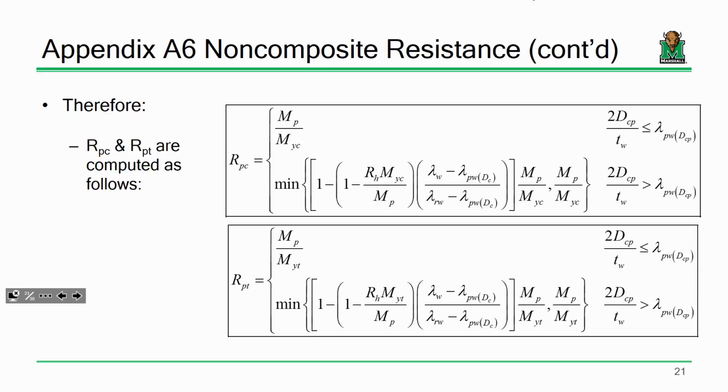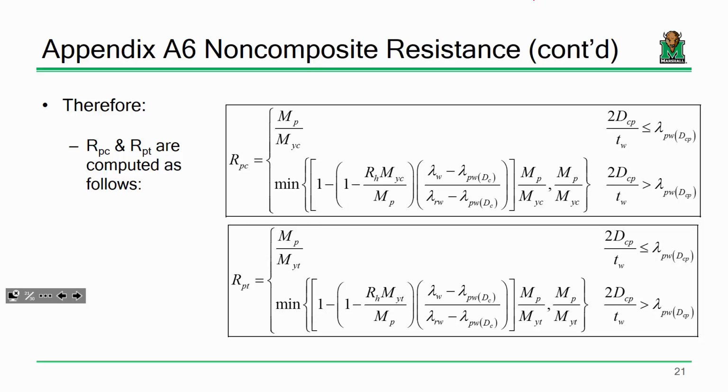Now, here's the deal. We look at our web slenderness, and we compare it to this plastic web slenderness limit. If we have a fairly stocky web, then theoretically we could hit Mp. If not, it's a linear interpolation off of Mp.